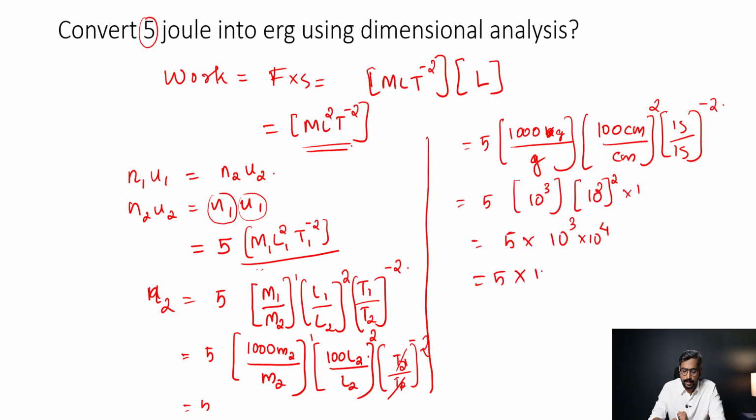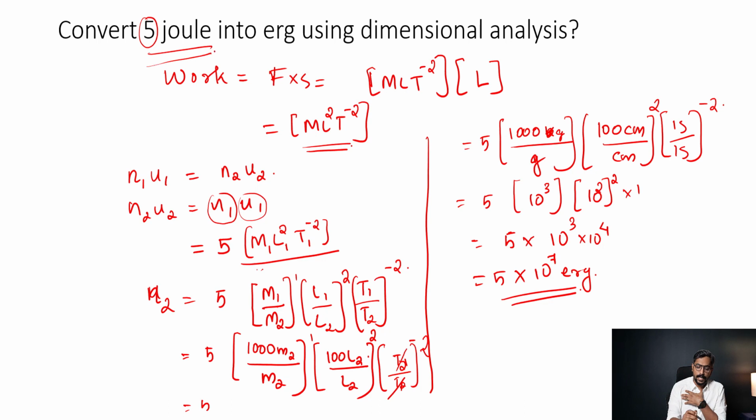That gives 5 into 10 raised to 7 erg. So you have seen that 5 joules is converted to 5 into 10 raised to 7 erg.